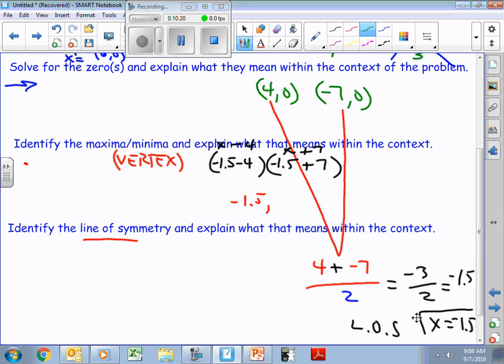Negative 5.5 you got? Someone else punch it in, let me see if we get the same thing. I felt like it was a different answer, but I'm going to put that in for now. Somebody else punch it in so I can get some confirmation.